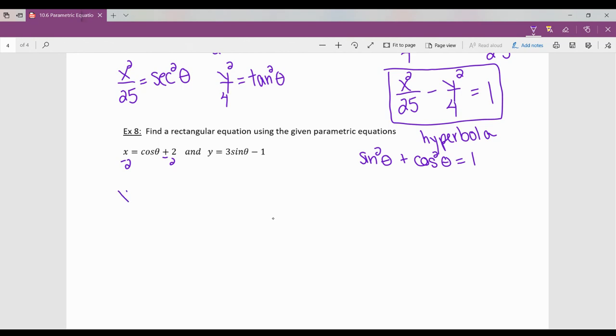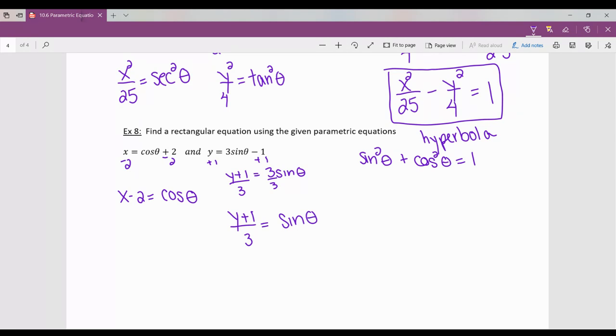So I get x minus 2 equals cosine theta. I'm going to add 1. And then y plus 1 equals 3 sine theta. And then divide by 3. So I get y plus 1 divided by 3 equals sine theta.